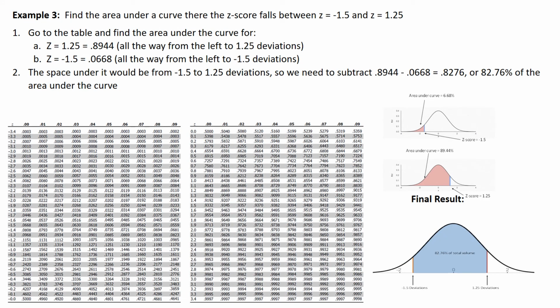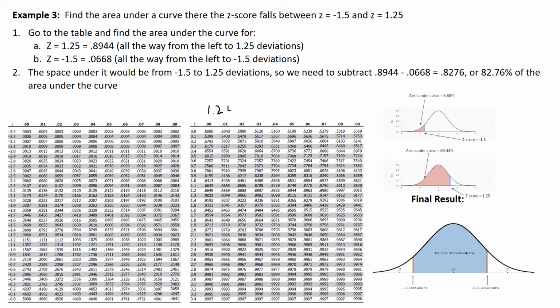Now in this final example, we're going to use both sets of curves. Not difficult, but it is a two-step process. I want to know the area that falls between z of negative 1.5 and z of 1.25. What space is under the curve? I'm going to look at 1.25 first. It's greater than 50%, so it goes from 0 to 3.4.